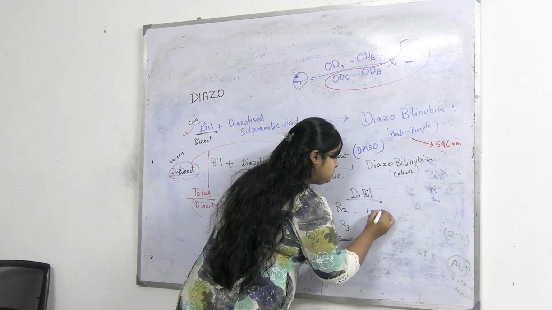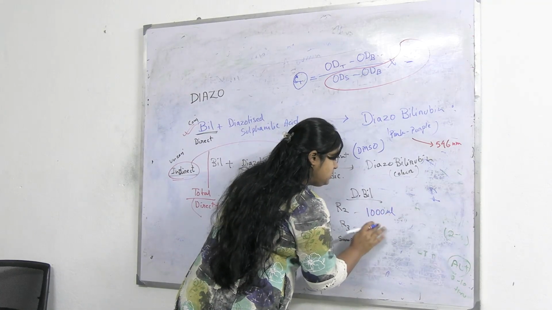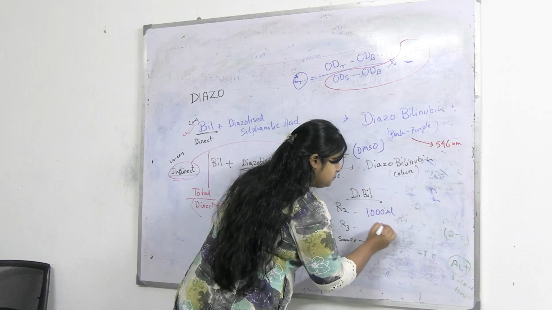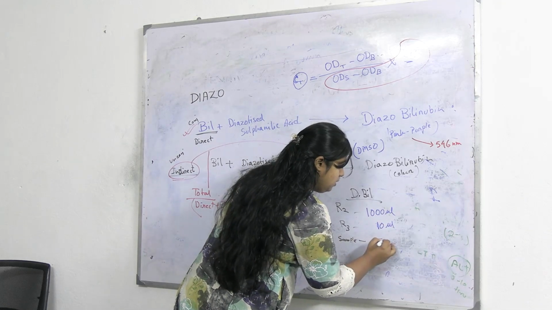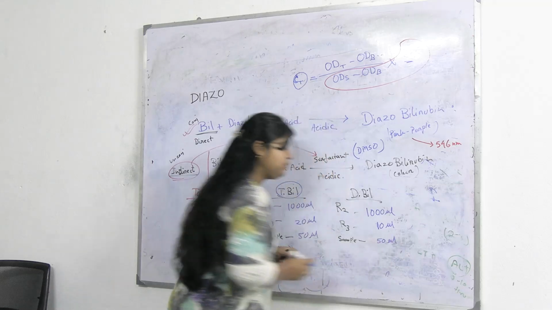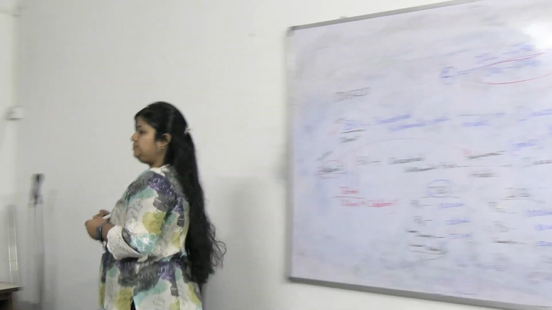For direct bilirubin, R2 we will take 1000 microliter, R3 we will take 10 microliter and sample 50 microliter. Clear?